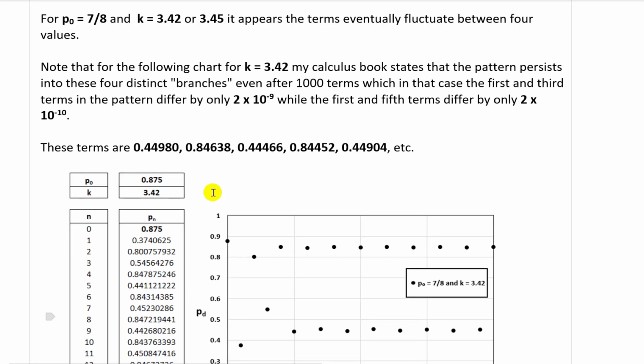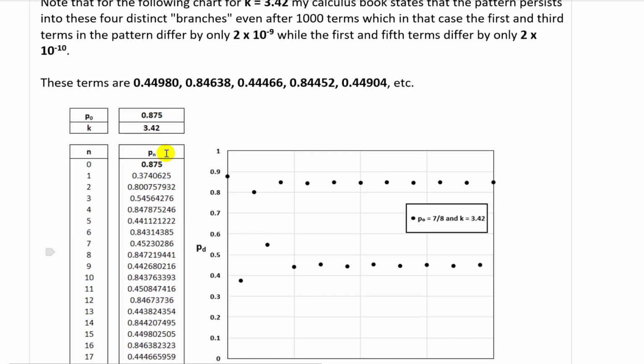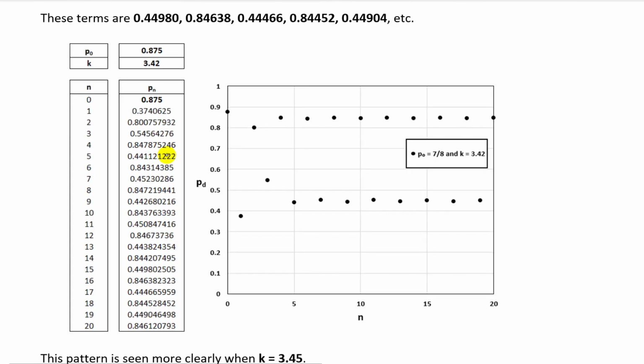Here are the terms of this population. We have 0.875, or 7 over 8, as the initial population, and k is 3.42. So initially 0.875, then it goes to 0.374, then 0.8, then 0.54, then 0.84, then 0.44, then 0.84, then 0.45, then 0.84, and then 0.44.